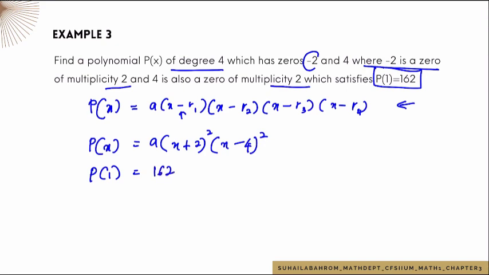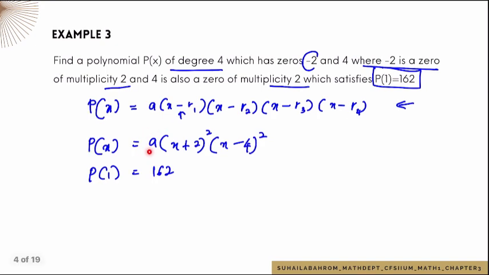So what we can do here is, we cannot assume a is equivalent to 1, because we have additional information where P(1) is equal to 162. Therefore, we need to get the value of a from the information given. 162 is equivalent to a, unknown, so substitute x with the value of 1: (1 plus 2) squared and (1 minus 4) squared.